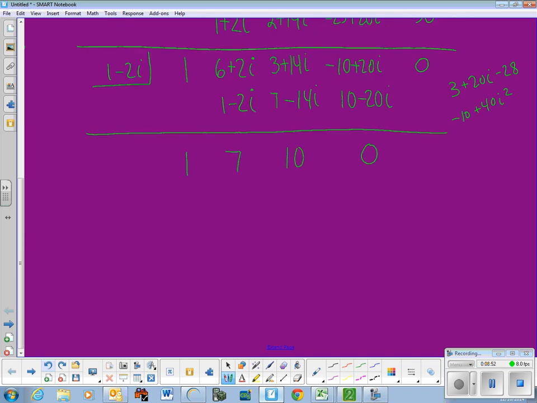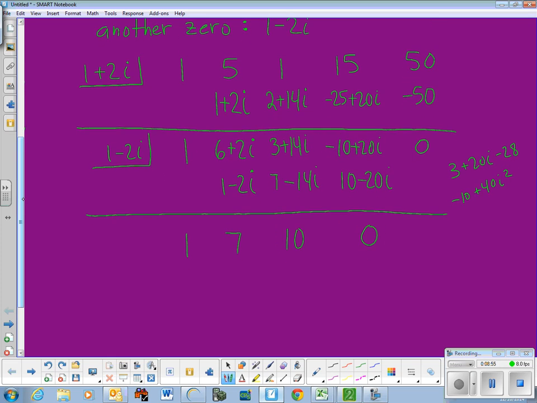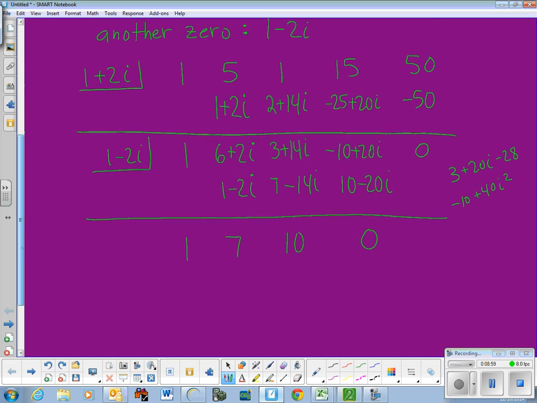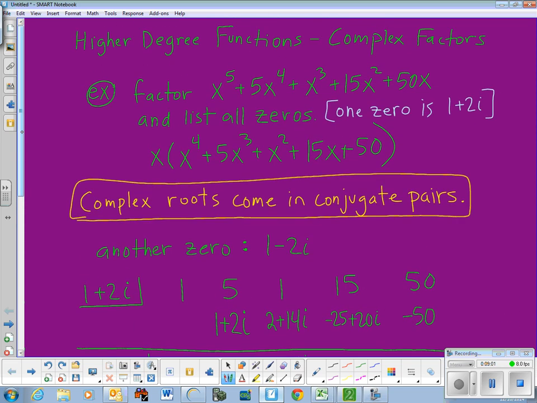Okay, so let's go back and sum up what we know so far. This original 5th degree polynomial that I was trying to factor, I'll just rewrite it.